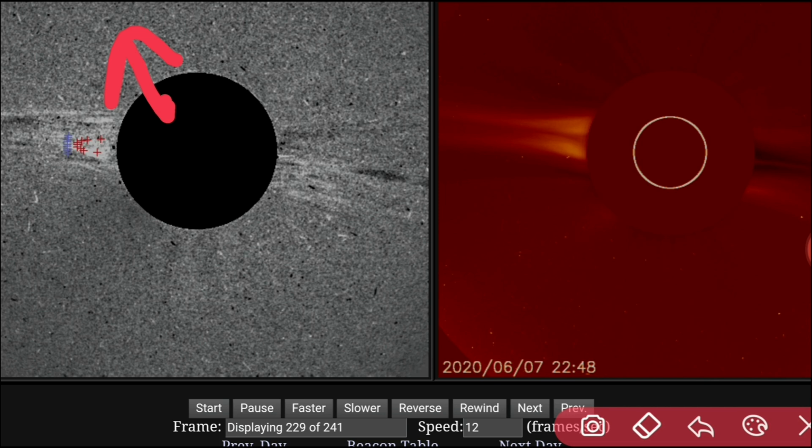Because we're talking some issues, most likely. At the very least, radio blackouts and stuff like that. Geomagnetic storm levels would go up. We would definitely see some humongous auroras.